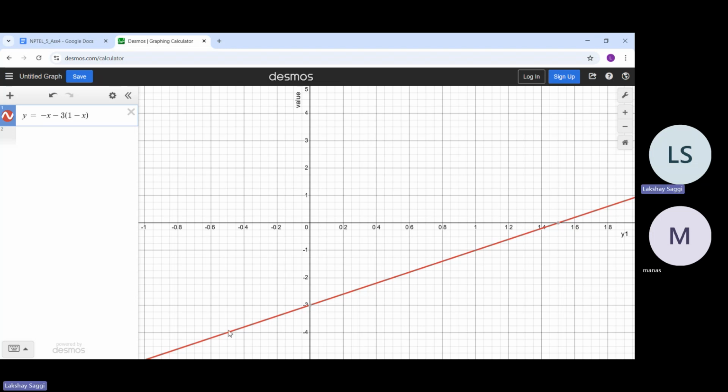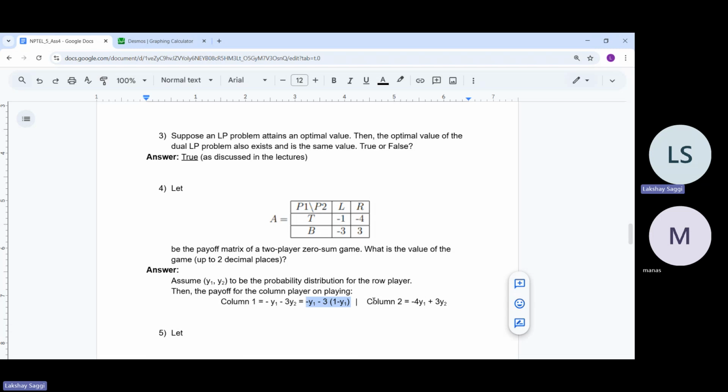It shows values for domains of more than 1 and less than 0 also, but we'll only consider the domain from 0 to 1, right? I hope this makes a bit of sense. Why are we doing this? Okay, so Manas has already written in the chat the steps. That's good, Manas.